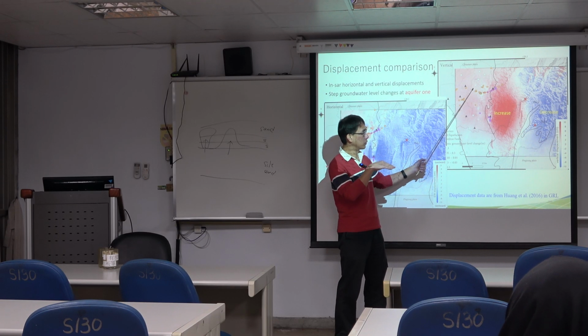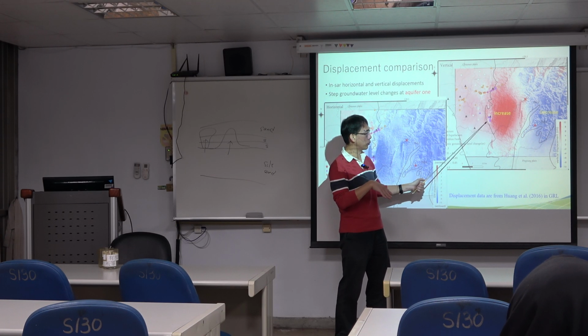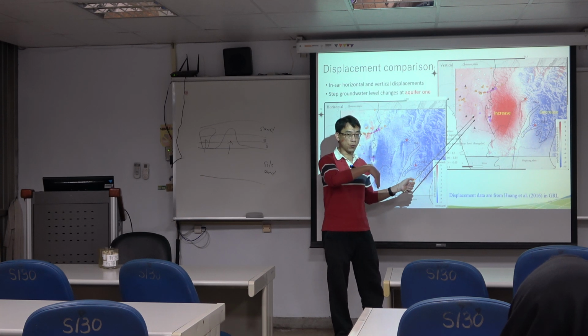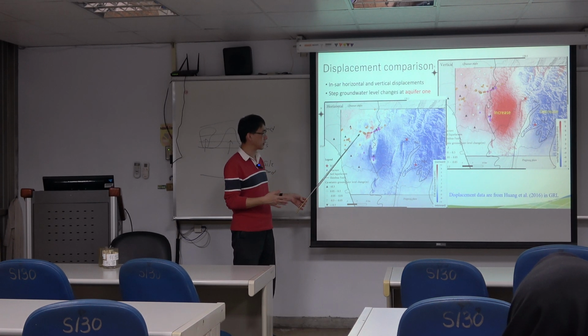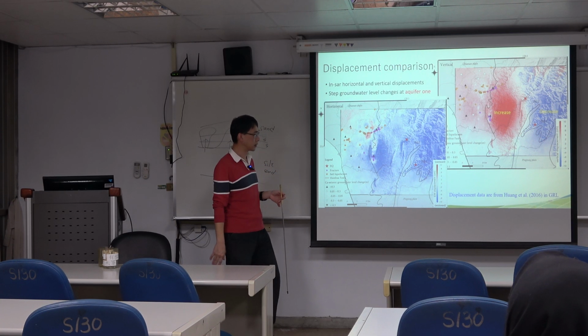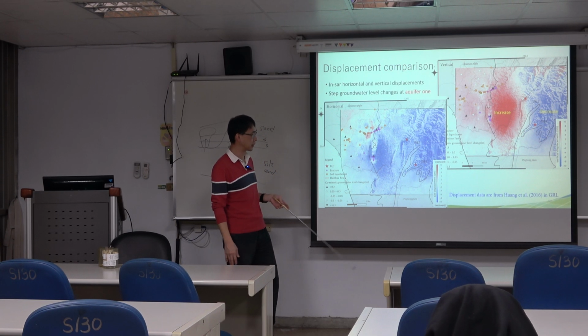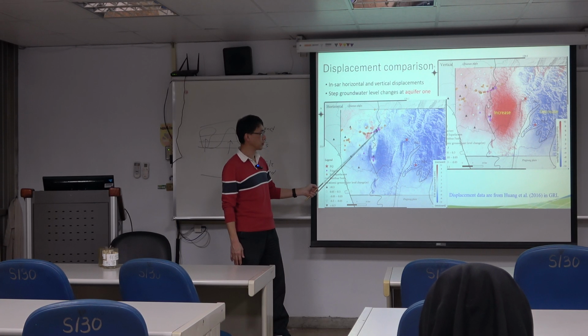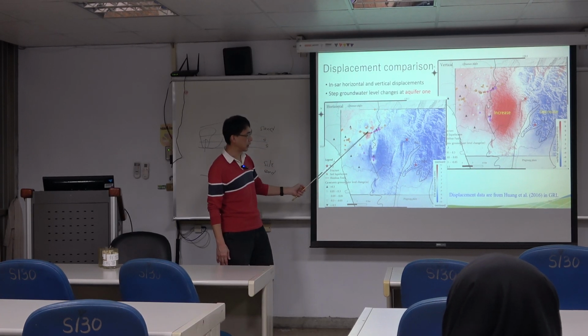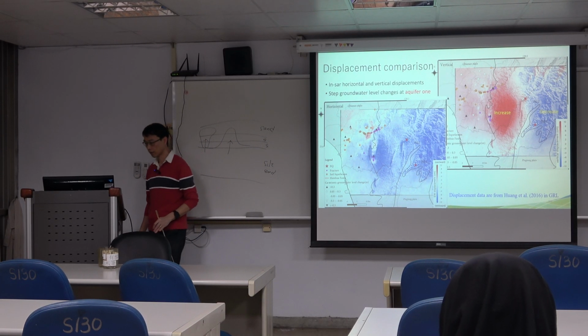This one is just compared with the first layers, but we know that these places also have decreased ground level. The horizontal displacement is the same, not quite consistent, but they have some connection, not completely. So in these places, we have more damage of the fracture system or the values, so they have other colors for the values.